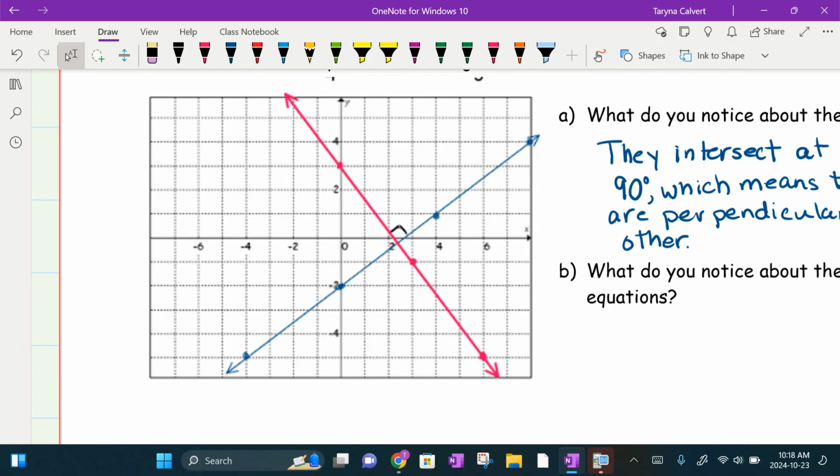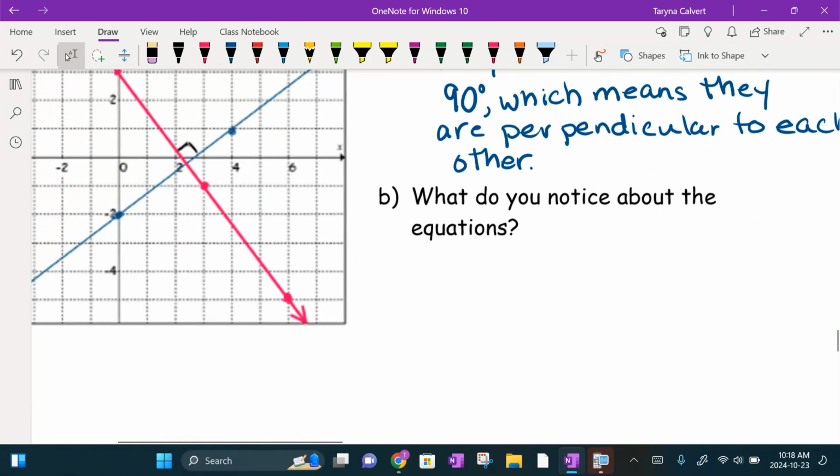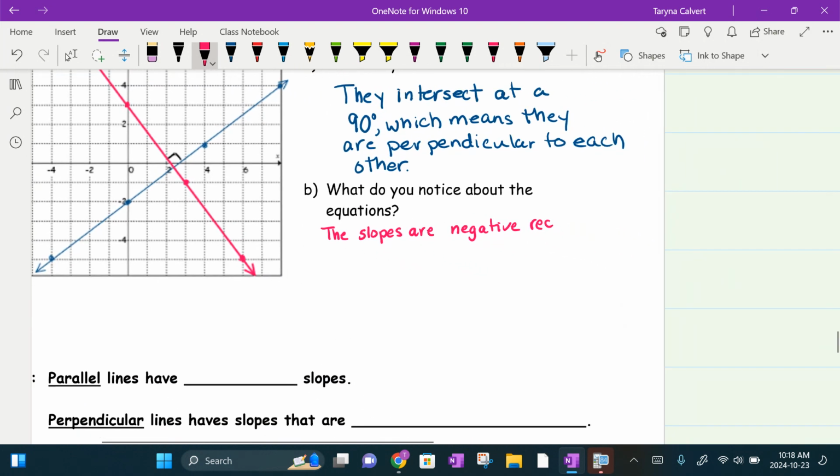So what do you notice about the equations? The slopes are negative reciprocals. That's how I'm going to say it. You say it however you want.